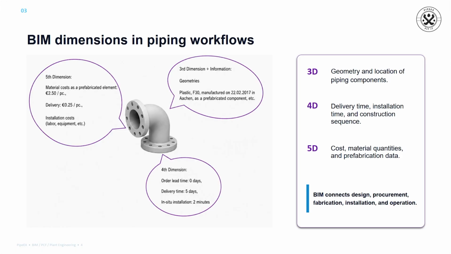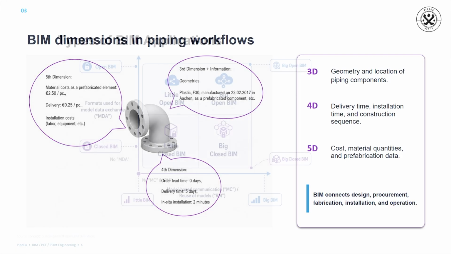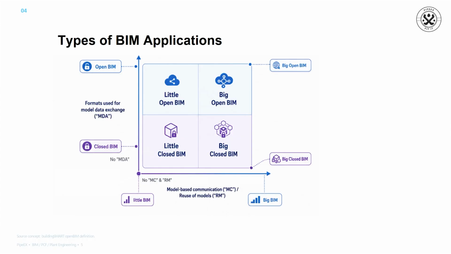For plant engineering, this is very important because industrial projects are data-heavy. A plant model must coordinate piping, equipment, steel structure, instrumentation, supports, access areas, maintenance space, and many other disciplines. There are different ways to use BIM.